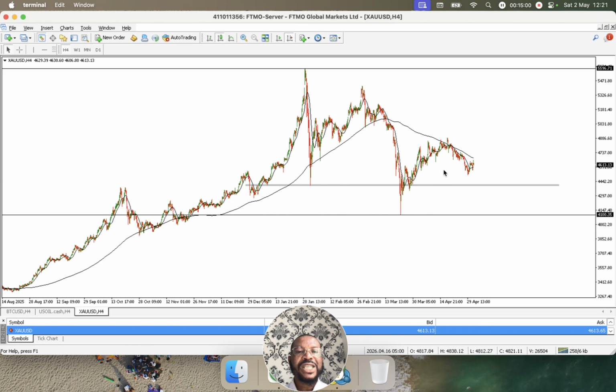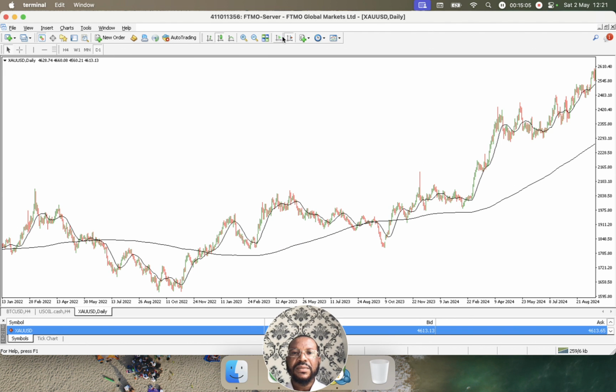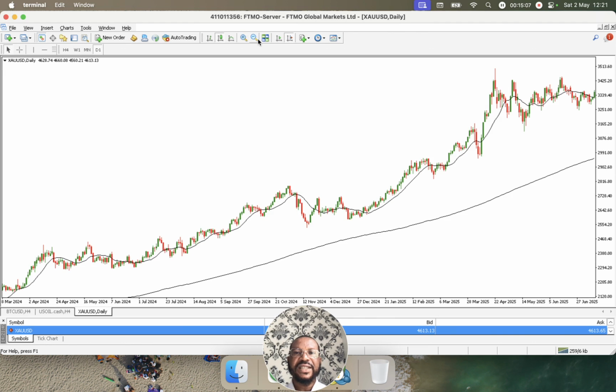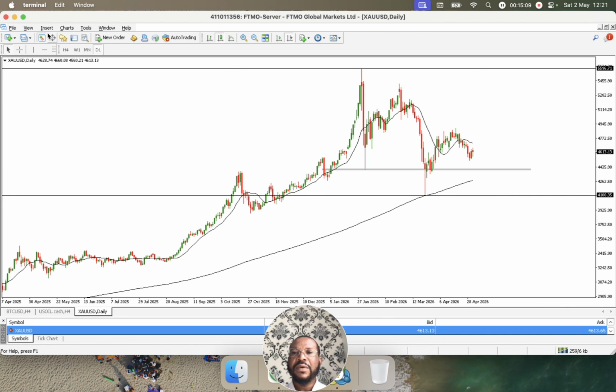The gold will be officially bearish when, this is the daily time frame, when we see a close outside of this demand area, then wait for a pullback and take the price back down.